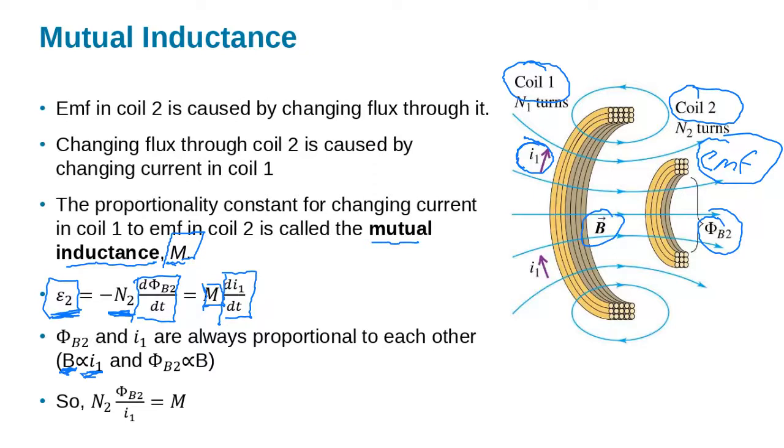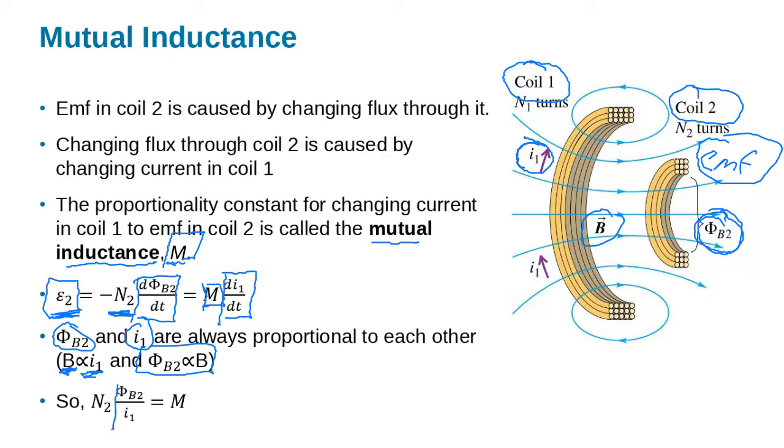Similarly, the flux that we get through coil 2 is directly proportional to the magnetic field. That means that the flux through coil 2 is proportional to the current I1, so they're always at a constant ratio. So we can re-express this equation.